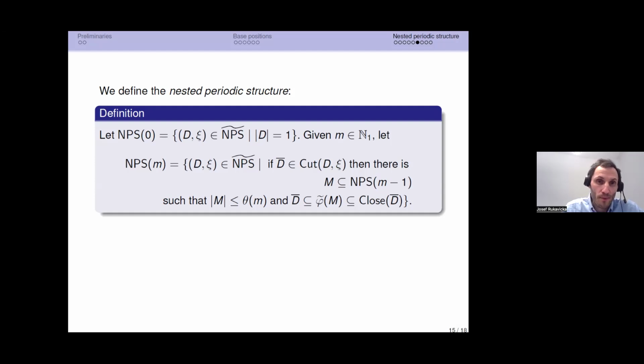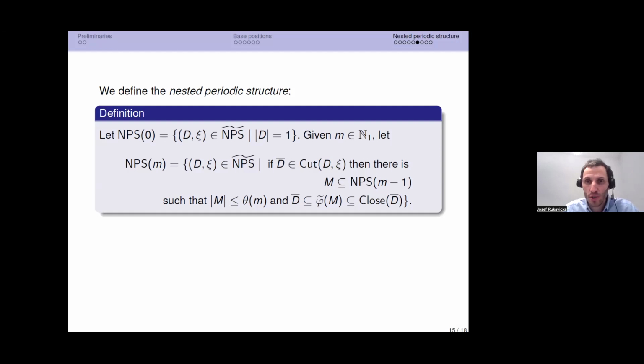For the parameter bigger than 0, I defined these are the vectors that are periodic with Xi, and every period of this vector is a union of at most theta m nested periodic structures of lower degree. This is what the definition says.